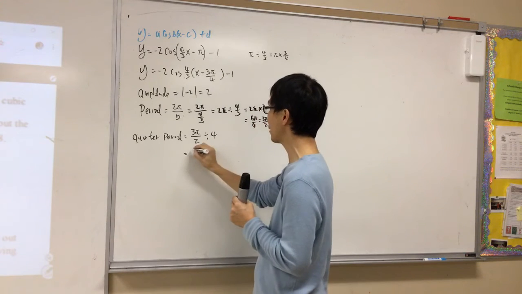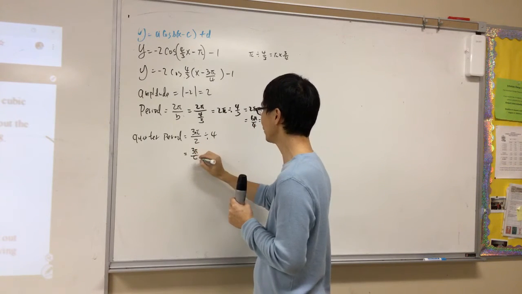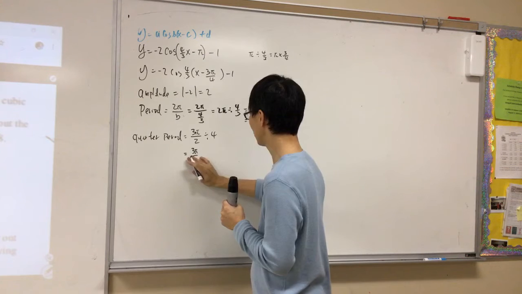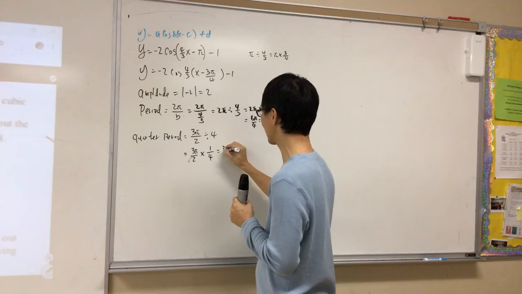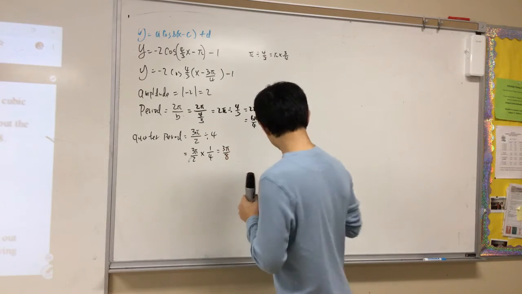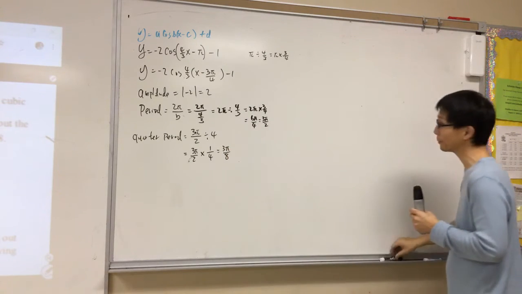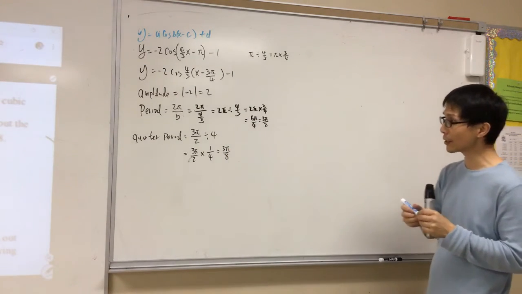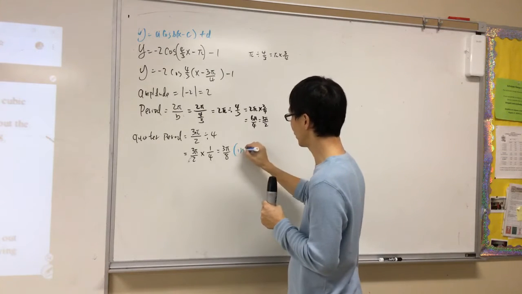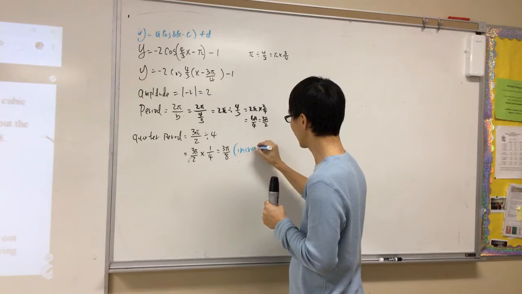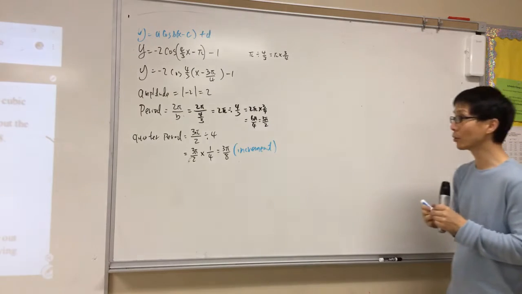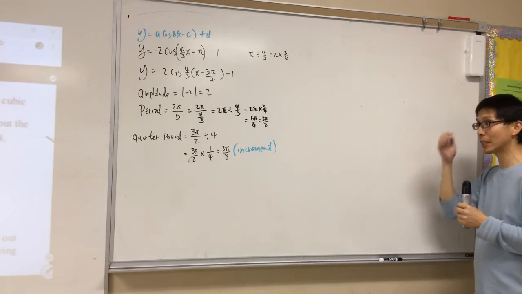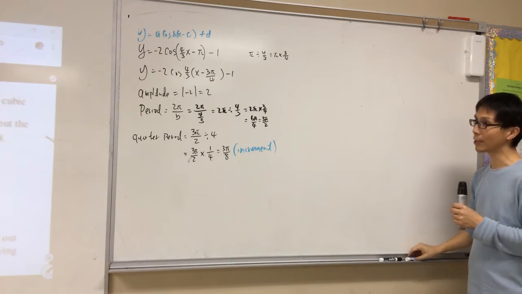It's times 1 over 4, so that's going to be 3 pi over 8. So this is the increment of each change. If I do the increment of each change, that's going to help me when I solve this problem.